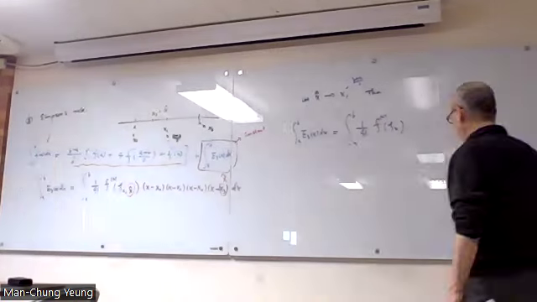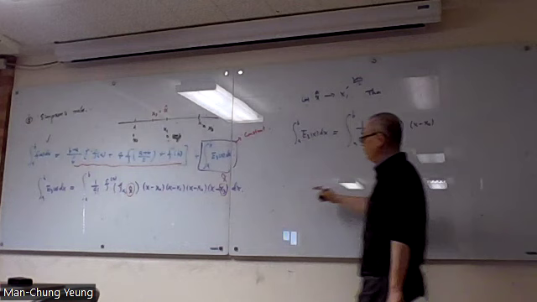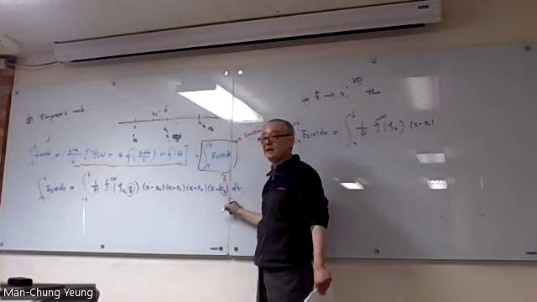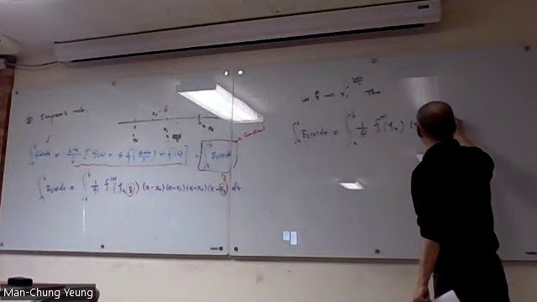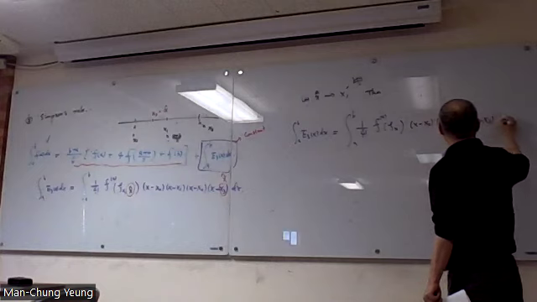Now x hat approaches x1, so this becomes x minus x1, and x minus x1 squared dx.